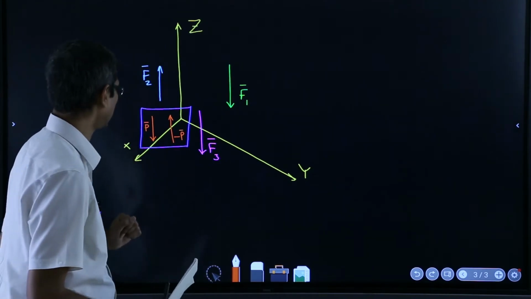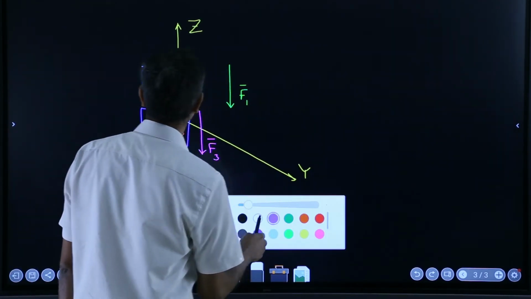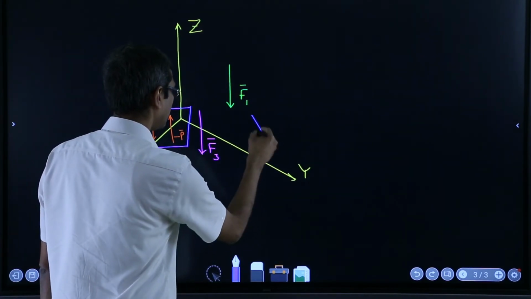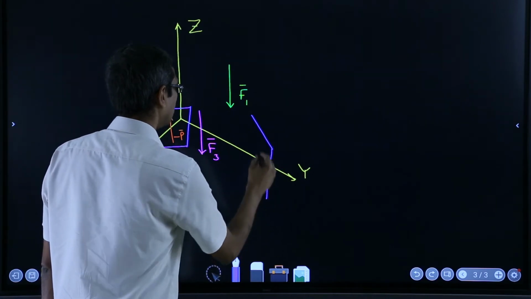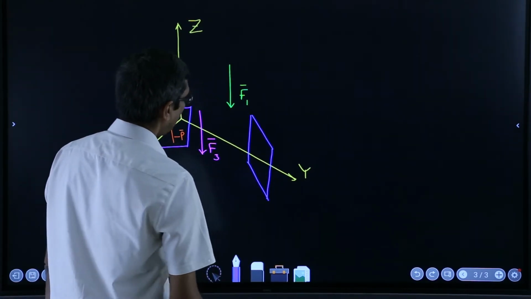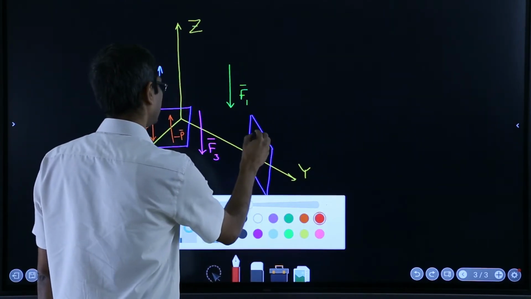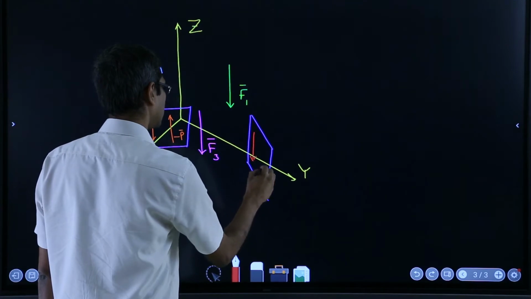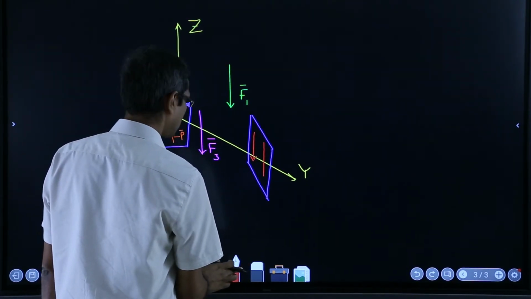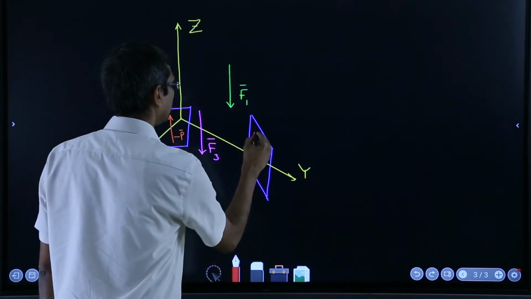Magnitude is equal. Similarly, I can have another plane. I'll define it, for example, in this way. And on that, say I have two more forces. Shall I change the direction of that maybe? Okay, I'll do that.